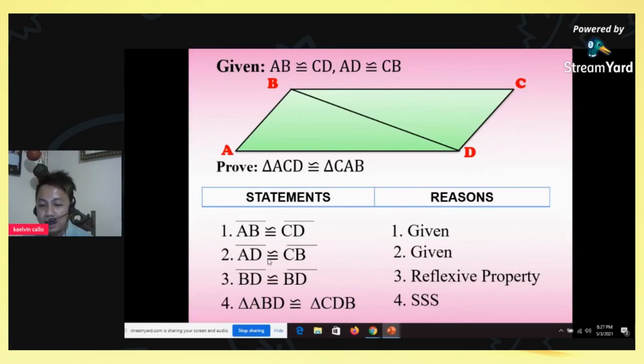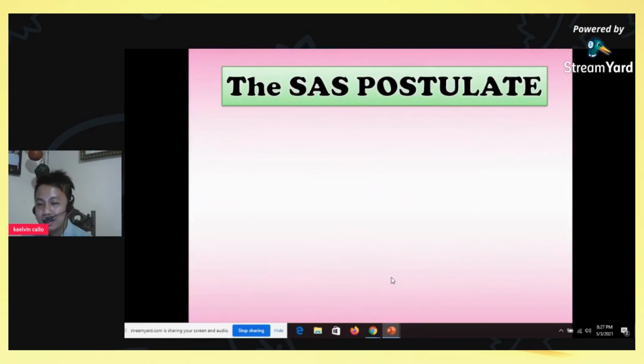And then side AD is congruent to side CB. Again, it is given. Number 3, side BD is congruent to side BD, reflexive property. Therefore, triangle ABD is congruent to triangle CDB because of the SSS postulate.